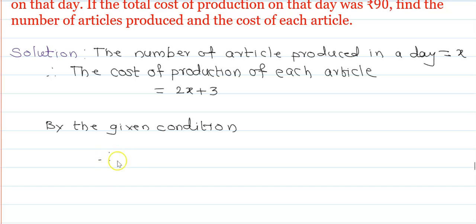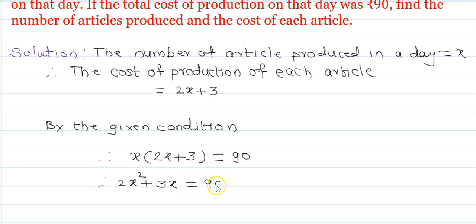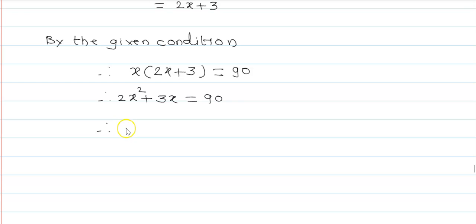The number of articles is x and the cost of production is 2x plus 3, and that's equal to 90. Now simplify this. Here you will get 2x square, then x into 3, 3x is equal to 90. Therefore, 2x square plus 3x minus 90, and that's equal to 0.